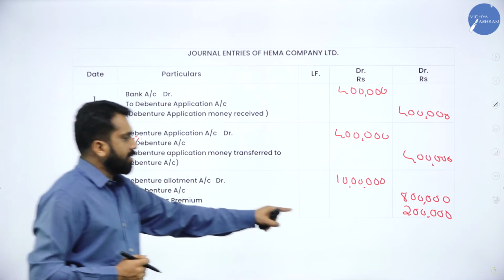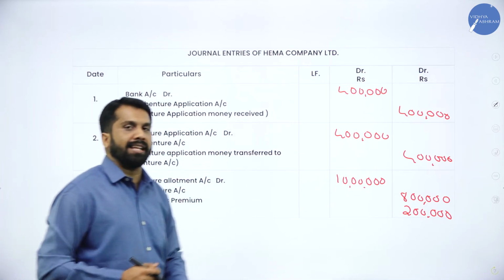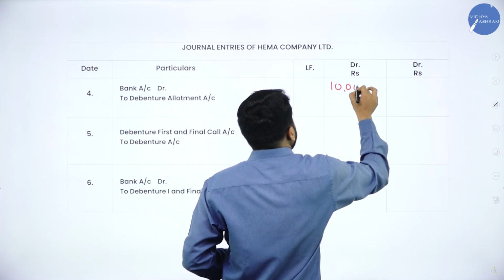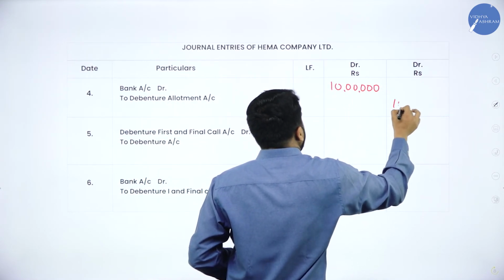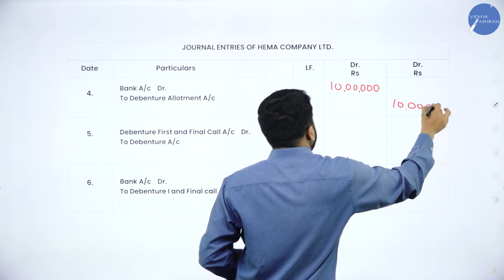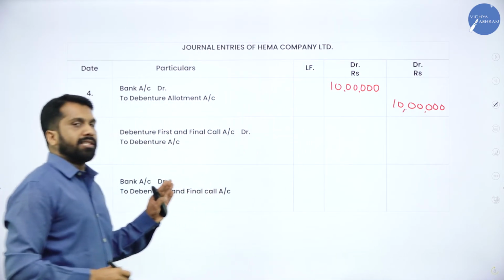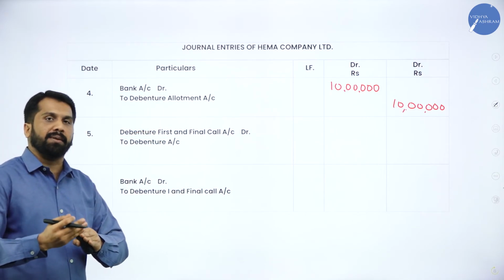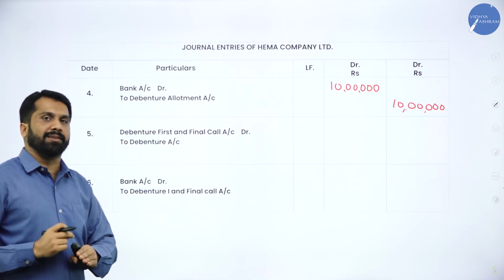Next, what is the total? 8 plus 2 is how much? 10 lakh. We'll go for 10 lakh. So, 10 lakh and 10 lakh. So, this is all about up to allotment. Allotment is done. What is the next step? First and final call.